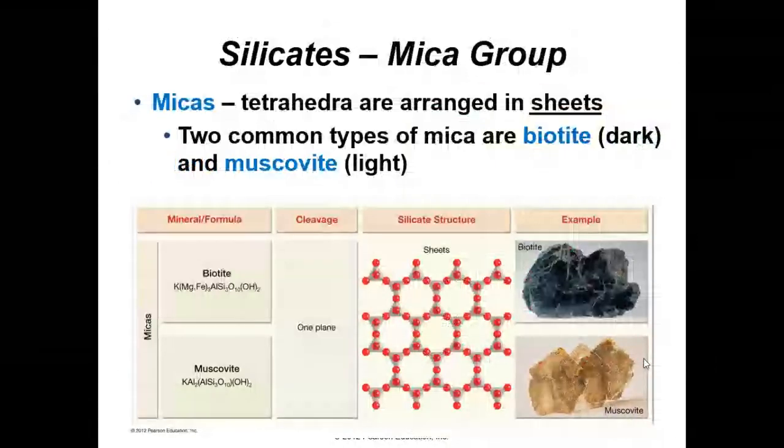Micas, such as muscovite, are minerals that are sectile, that you can bend a little bit and they'll move back to how they were. That is sheet-like, and hence you can basically cut across that one cleavage plane to make a sheet-like appearance, which is exactly what you're seeing here.